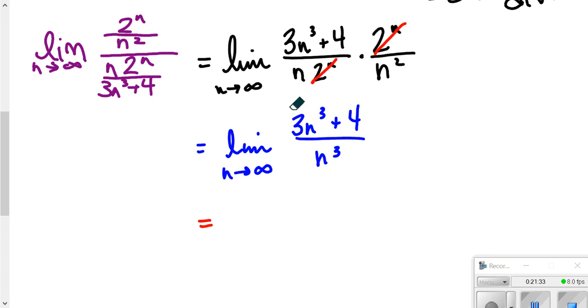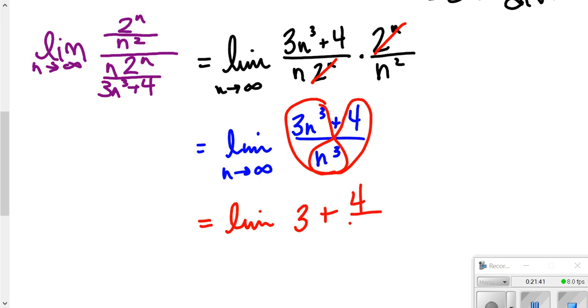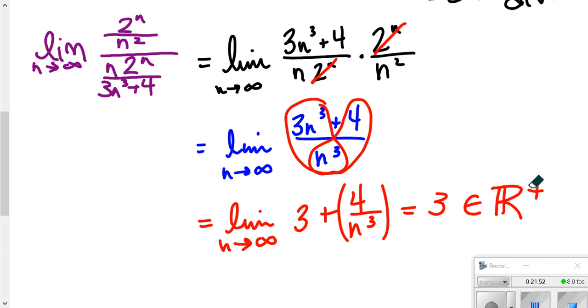And I can split this up, right? Think about the limit as n goes to infinity. So as that denominator gets larger, larger, larger, that second piece gets smaller, smaller, smaller. And I have 3, which is indeed a positive real number.